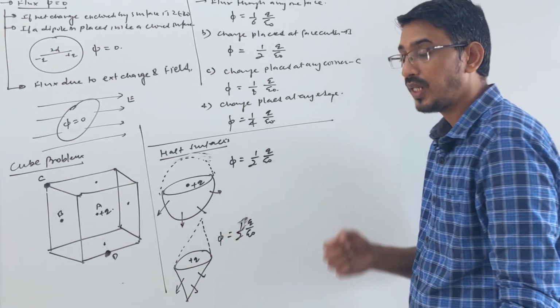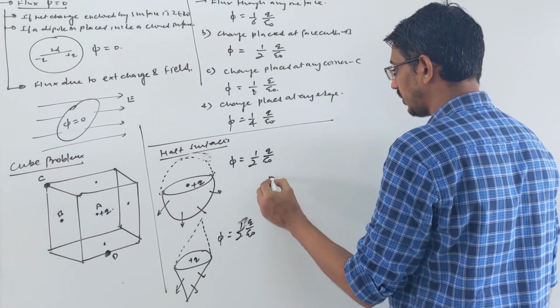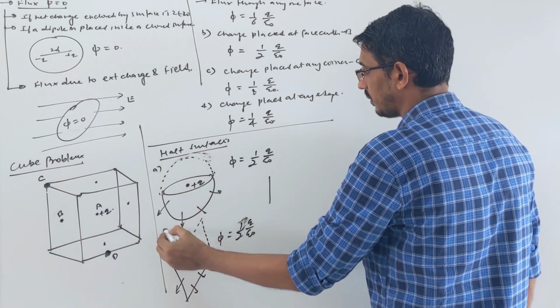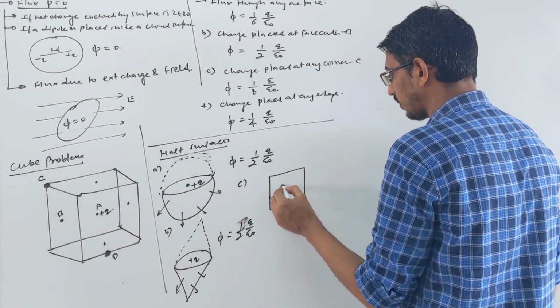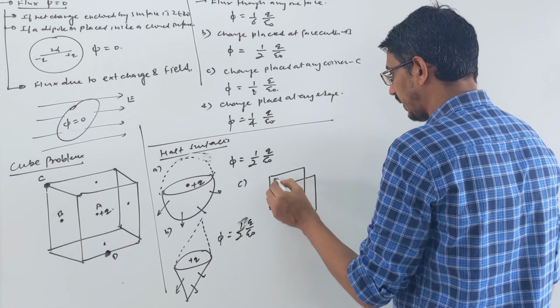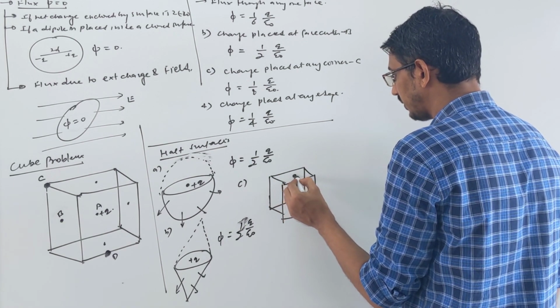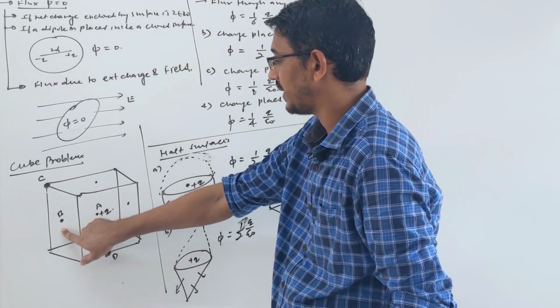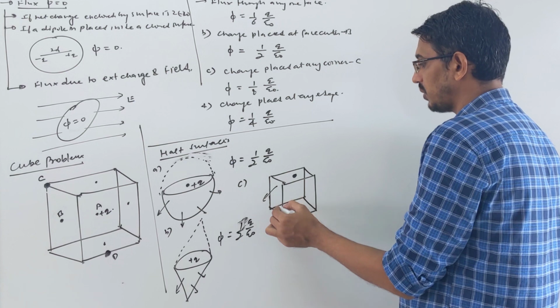Let's take an example of that cube itself. Example 1. See here, this is a cube. And where I am putting a charge, I am putting it here on this face. Then I am asking how much flux is coming through this complete cube.